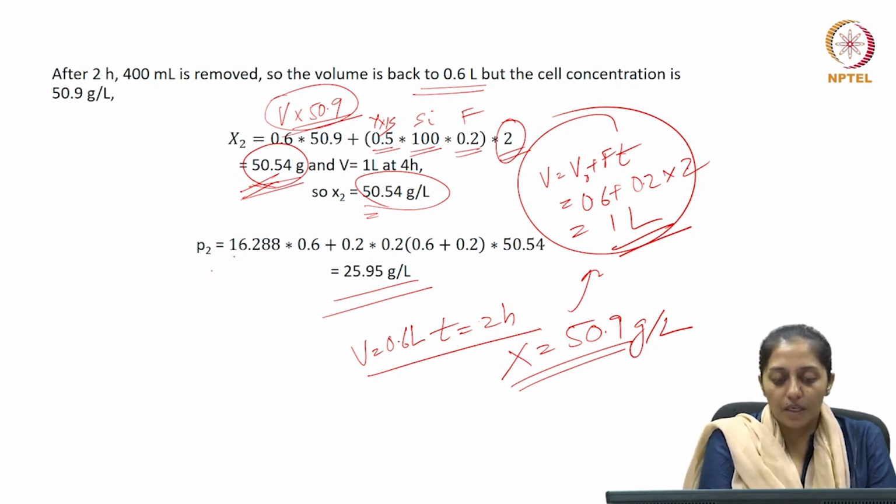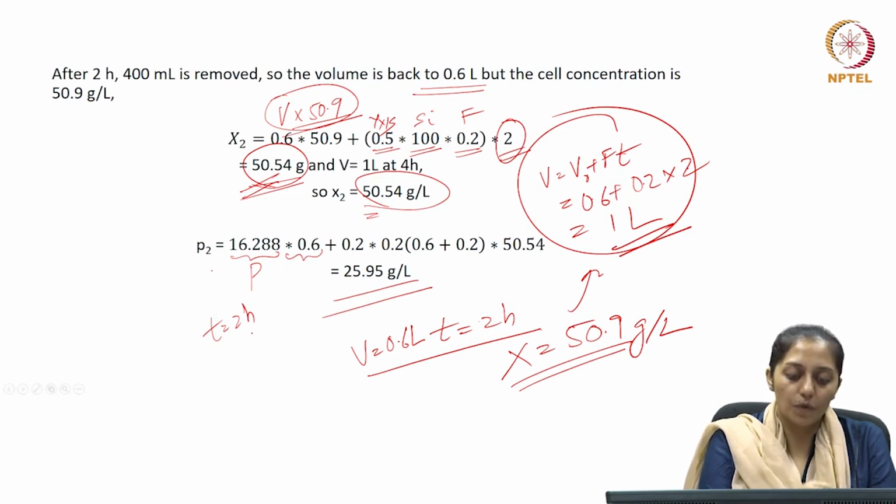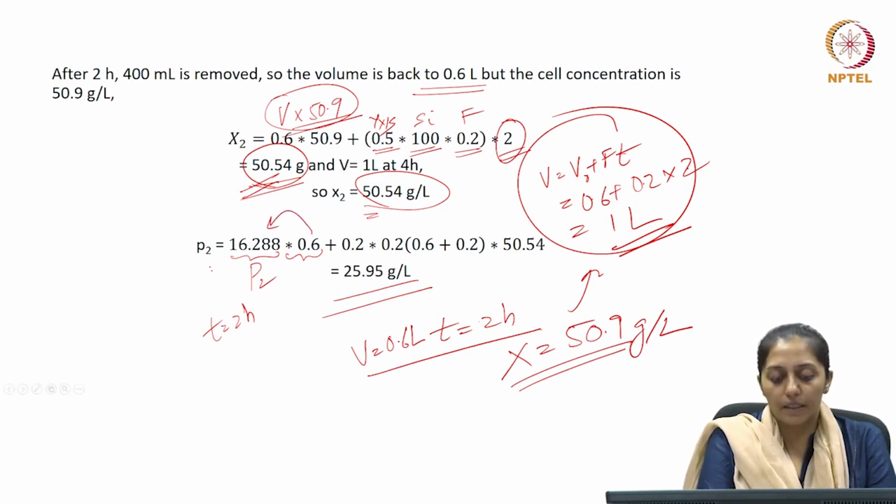So, here 16.28 was the product concentration at T equals 2 hours and the volume at that point was 0.6 liters because 400 ml has been removed. So, the amount of product can be obtained by multiplying the volume with the product concentration at T equals 2 hours, which remains the same even after the removal of 400 ml.